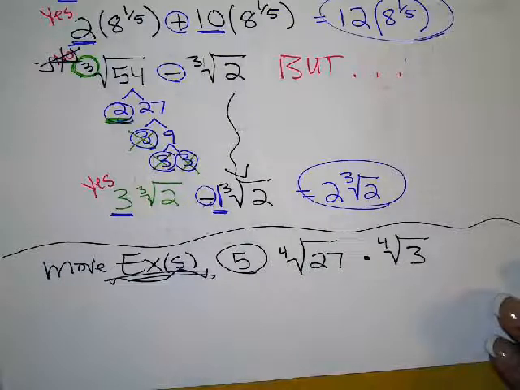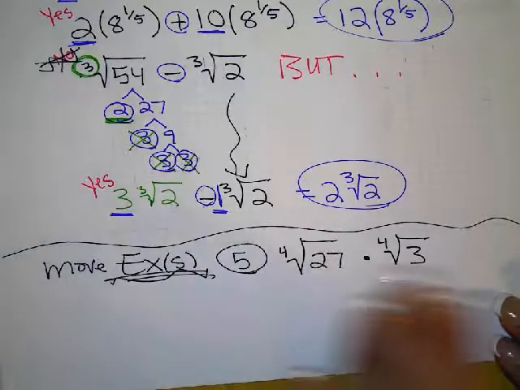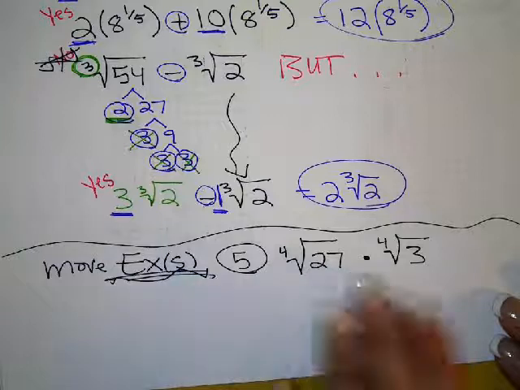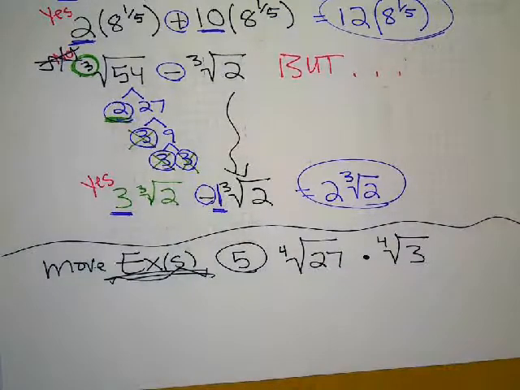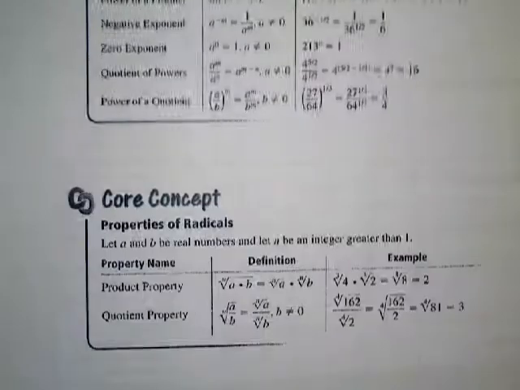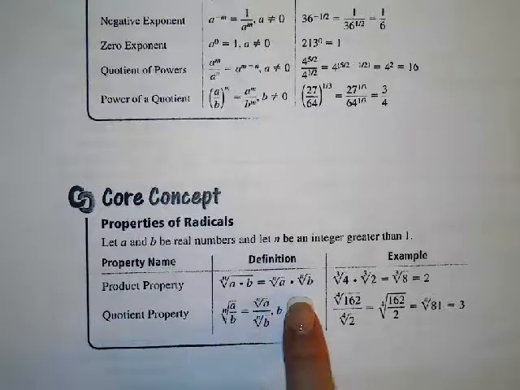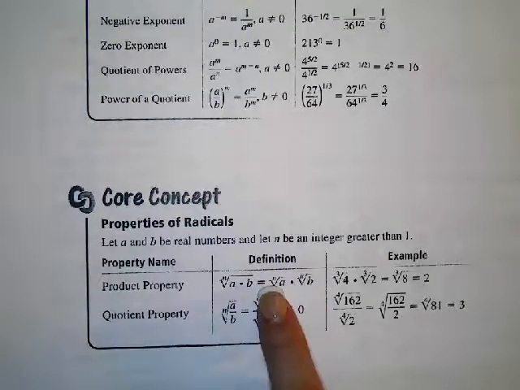So if I look at this and I say, oh, well, they're not alike, I can't multiply. That is not the truth. So if you look at your little cheat sheet on the back, here's a multiplying problem down here. Nth root of A, nth root of B, if they have the same nth root but different numbers underneath, you can multiply them and get an answer.